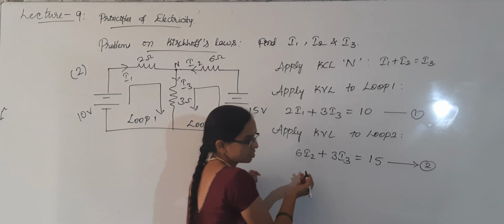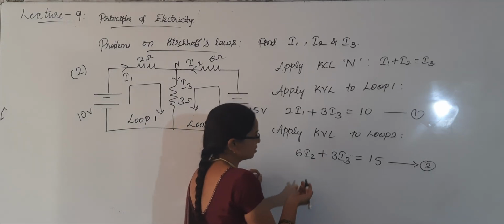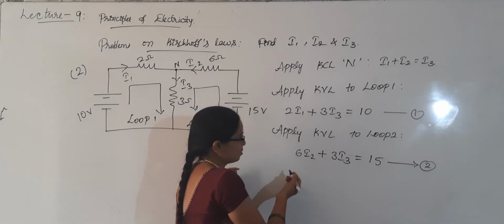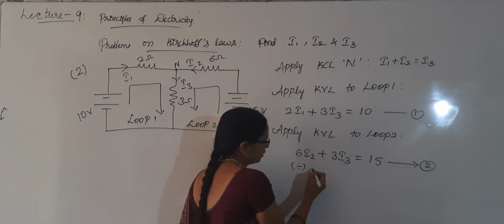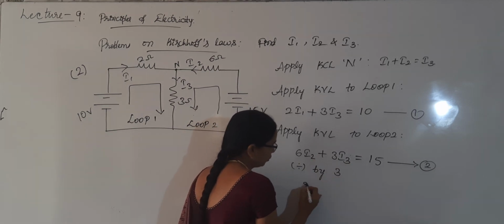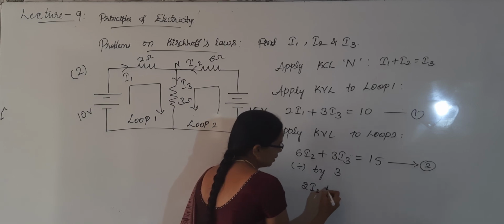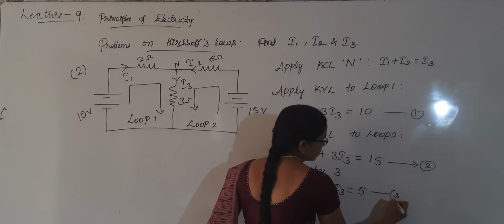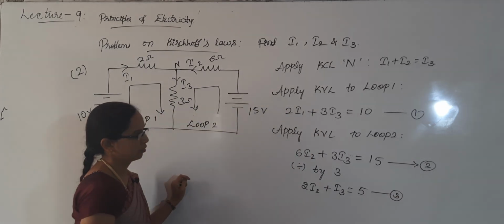You can simplify this equation if you want, otherwise you can leave it like that, no problem. I will simplify it. Divide this equation by 3. I will get 2I2 plus I3 is equal to 5. I will call this equation 3.